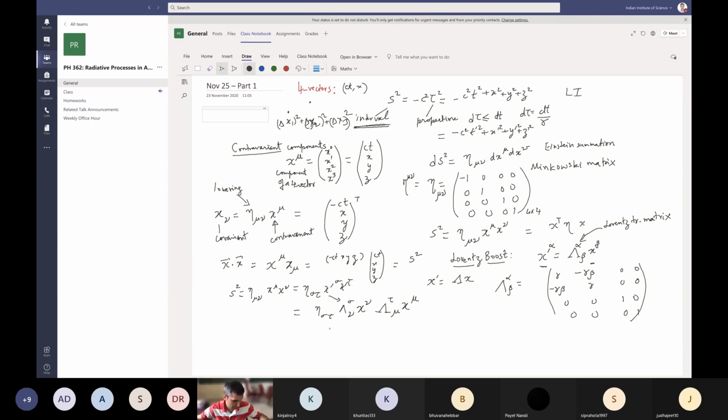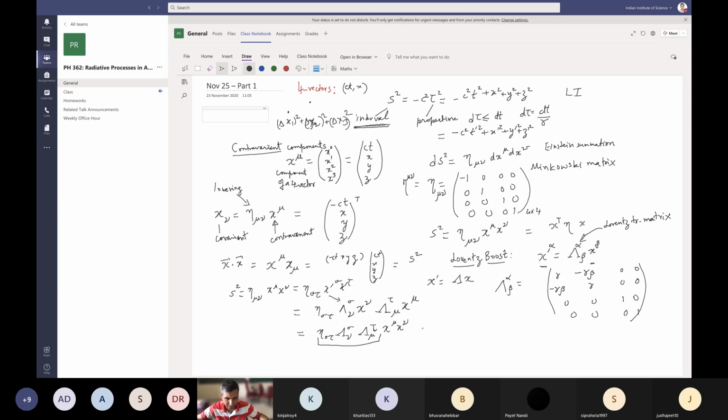So what do we have? This is equal to eta sigma tau lambda sigma nu lambda tau mu x mu x nu, right? So this thing here is equal to eta mu nu, right?